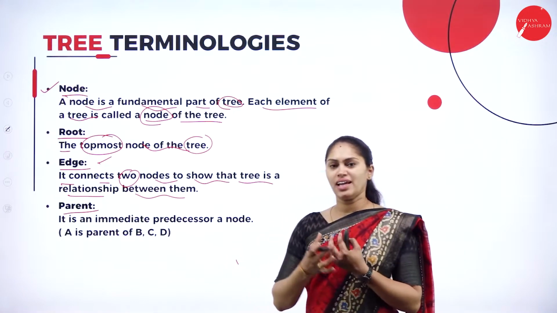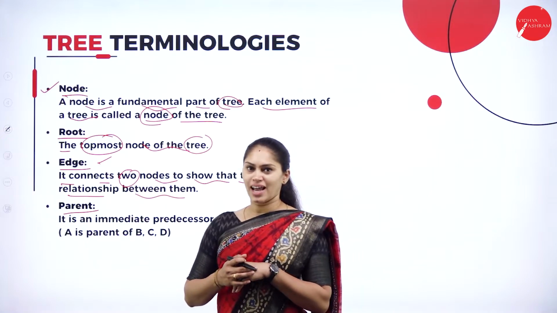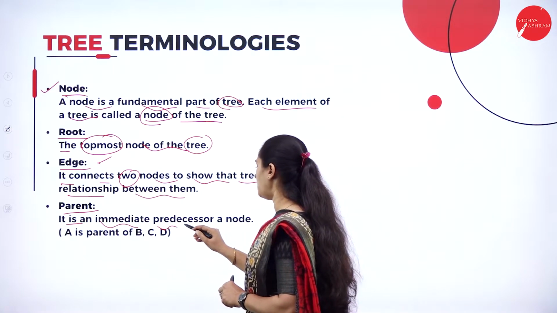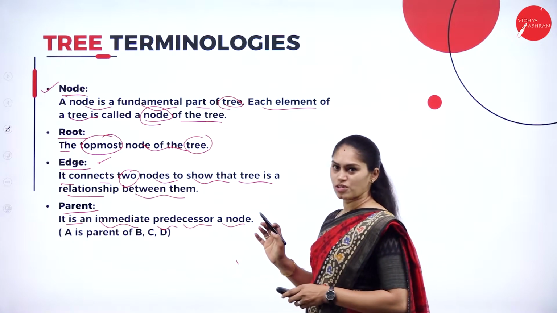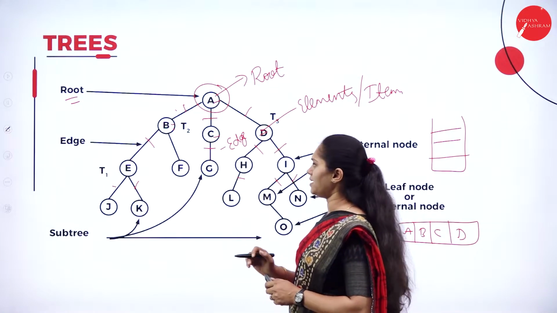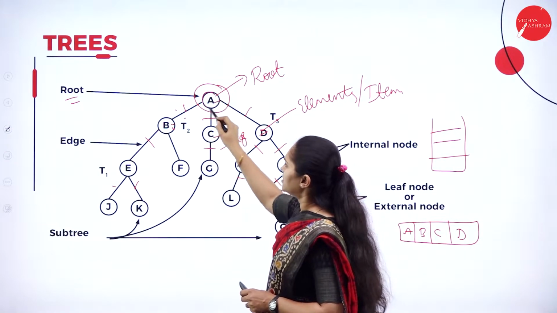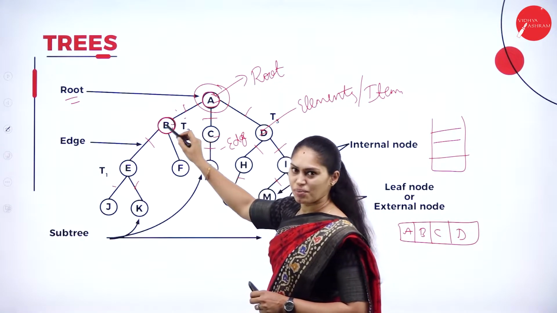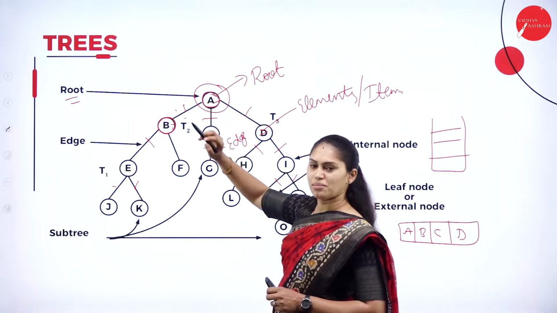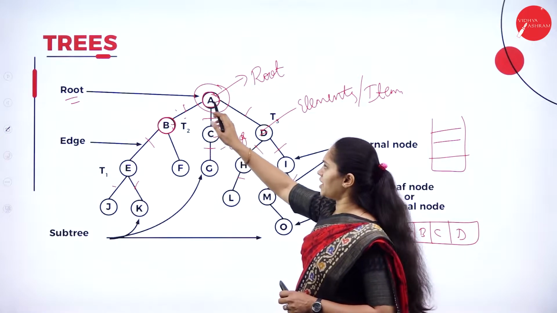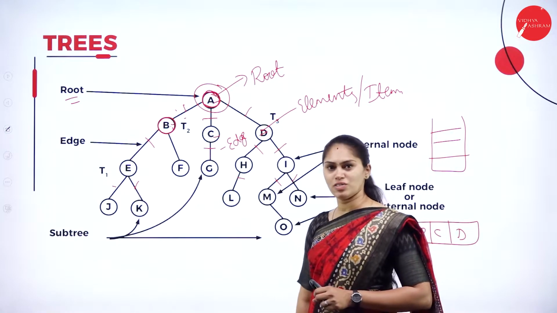So next is what? Parent. To whom are we going to call a parent? That means it is an immediate predecessor of a node. If you consider this example, A is a parent of B, right? Because for this B node, A is a predecessor, that means which comes before the node B. Do we have any parent node for this A?